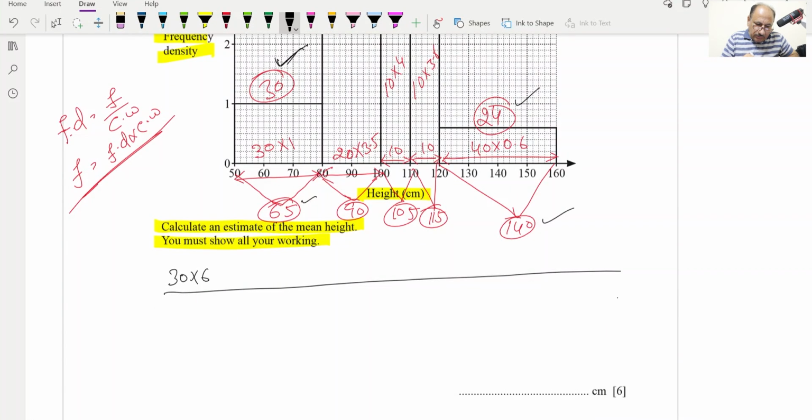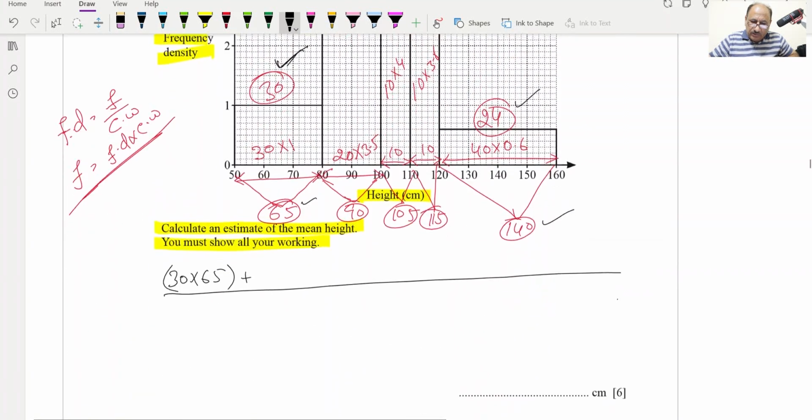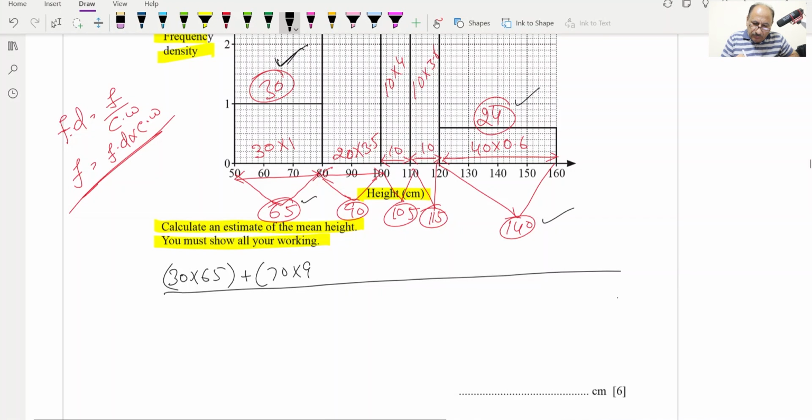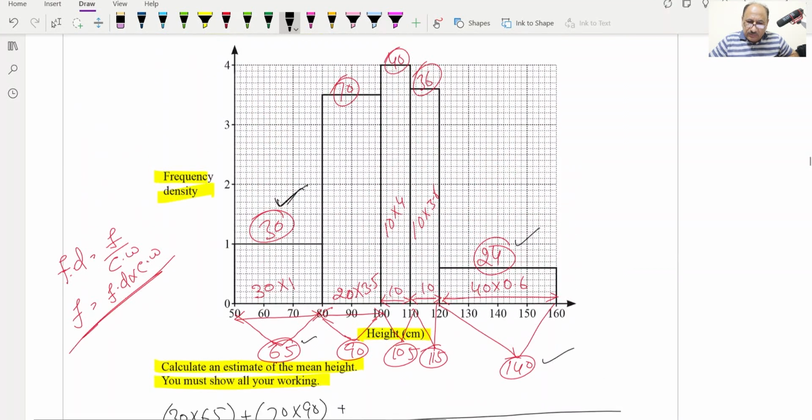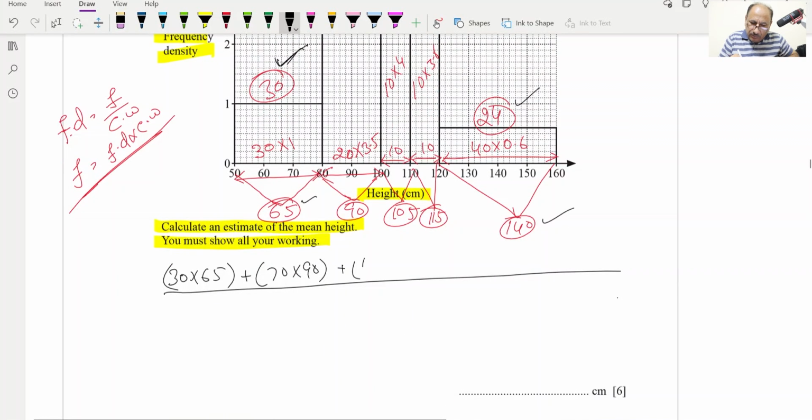We will write here 30 into 65 plus next height is 70, so 70 multiplied by 90, plus next height is 40, so 40 multiplied by 105, and next height is 36, so plus 36 multiplied by 115, and plus last is 24 multiplied by 140, and divided by the frequency, which is 200. So 1 2 3 4 5, we have taken all the 5 bars.